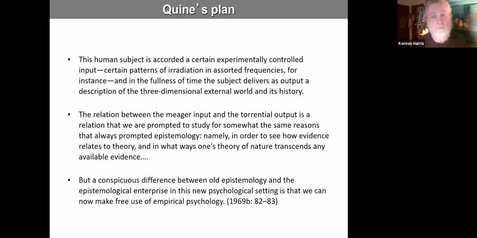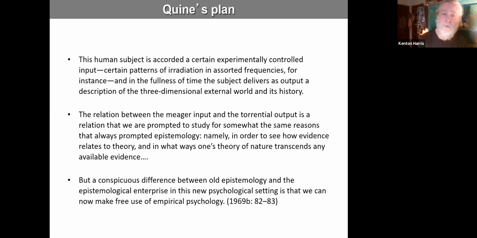This human subject is accorded a certain experimentally controlled input, certain patterns of irradiation of assorted frequencies, for instance. And in the fullness of time, the subject delivers an output, a description of the three-dimensional external world and its history. So we receive all sorts of visual stimulation through our eyes, and we make claims about a three-dimensional description of reality as a result.